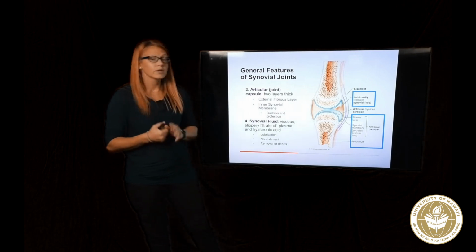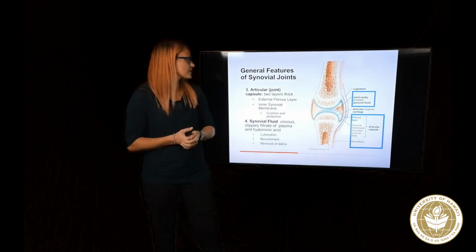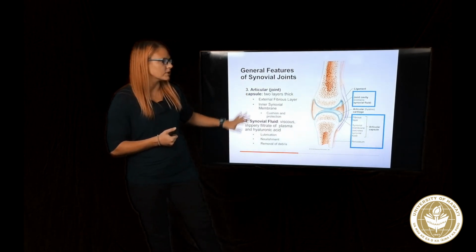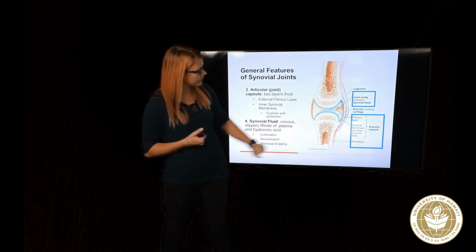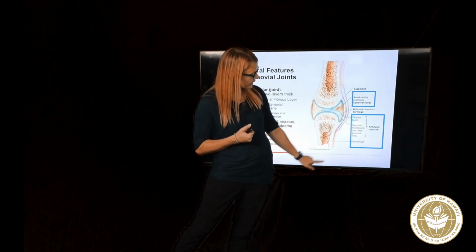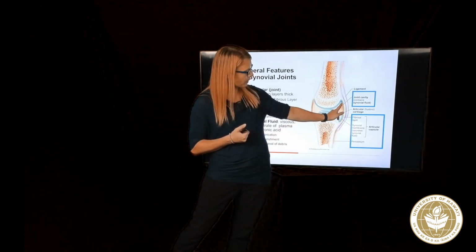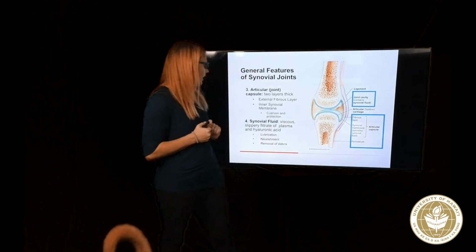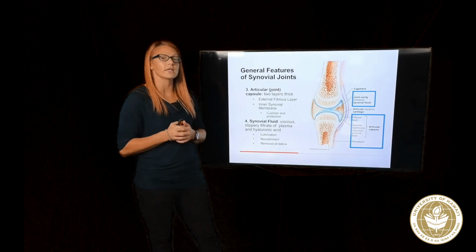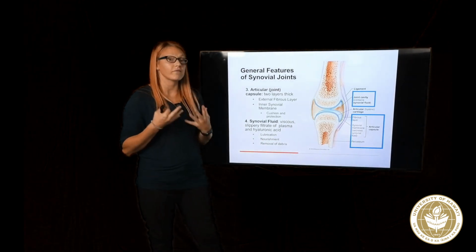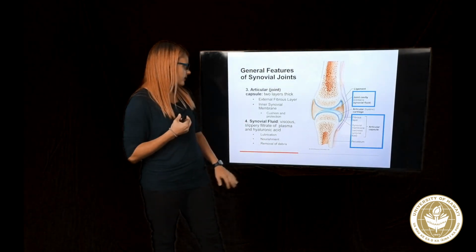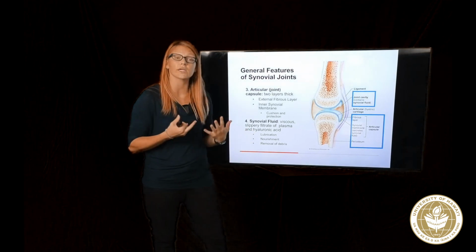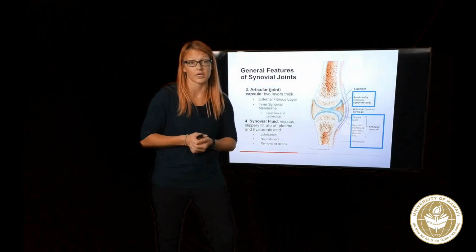So again, the next two features that we just talked about: that articular capsule, a double membrane, you have this external fibrous layer, and the internal synovial membrane that's going to secrete some of that synovial fluid. And then you have your synovial fluid itself, which is a viscous fluid, the filtrate of that plasma, and also has hyaluronic acid.